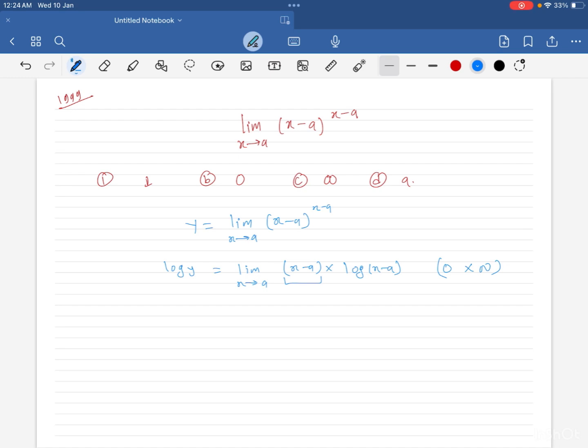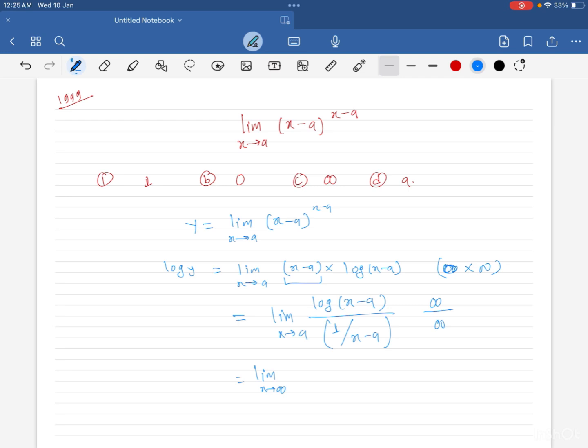So what we can do is write log (x minus a) divided by 1 upon (x minus a), right? So that is going to be infinity by infinity form, right? Because if you put limit x tends to a here, that is going to be 1 divided by 0, that is infinity, and log 0 will tend to infinity. Now you can apply the L'Hopital rule.